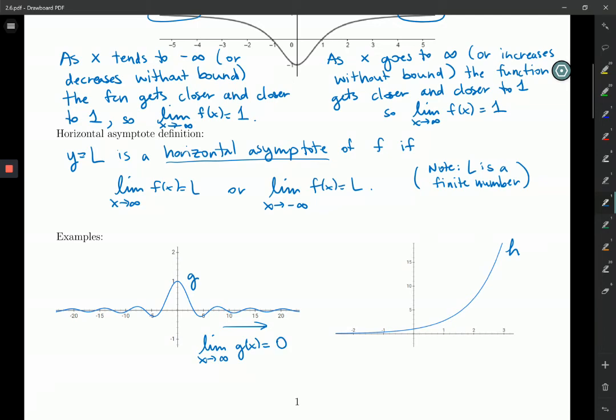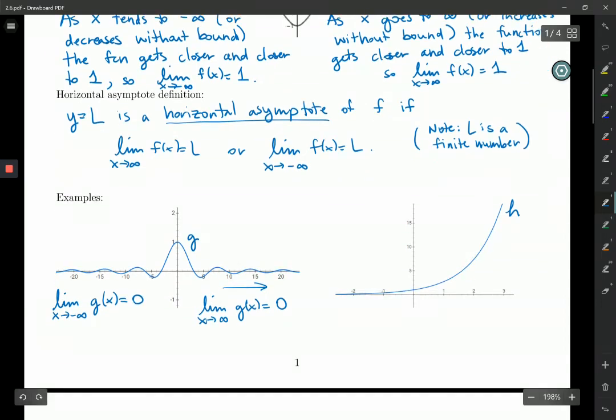And then similarly, we have the same behavior on the other side of the graph. So as x goes to minus infinity, this limit is also 0. Now, notice that this function does bounce up and down, and it crosses the line y equals 0.